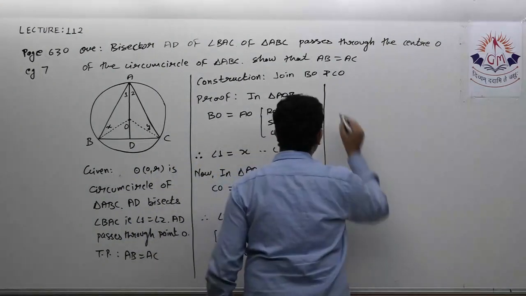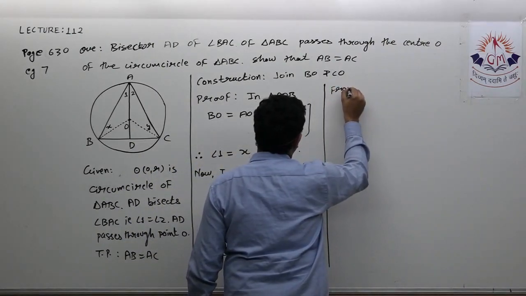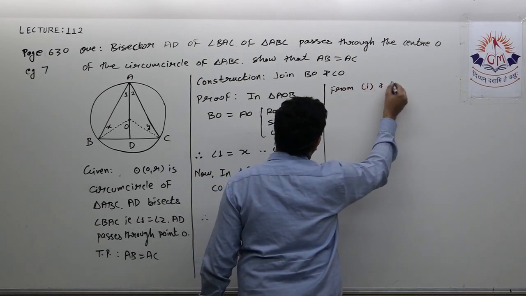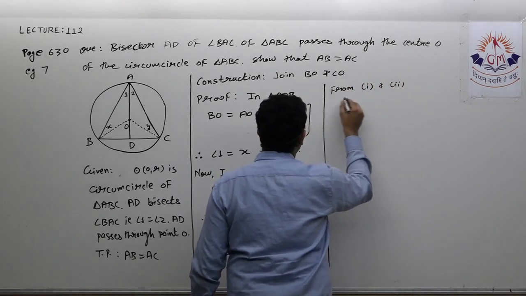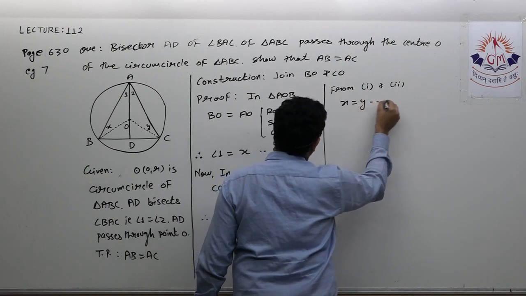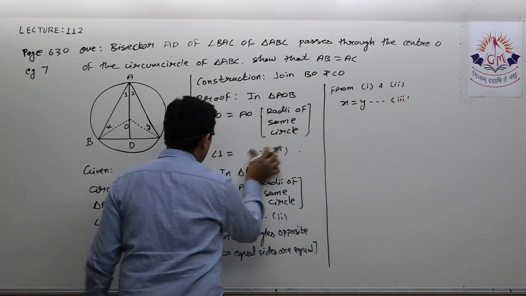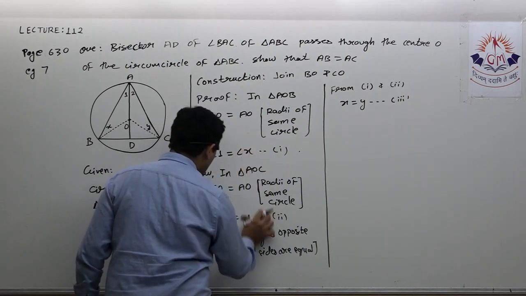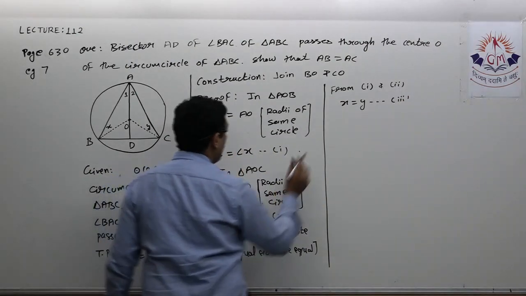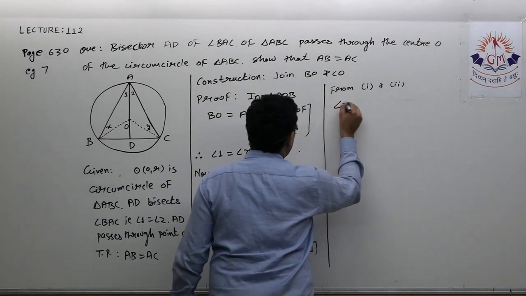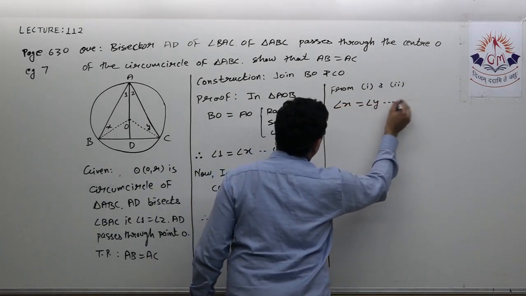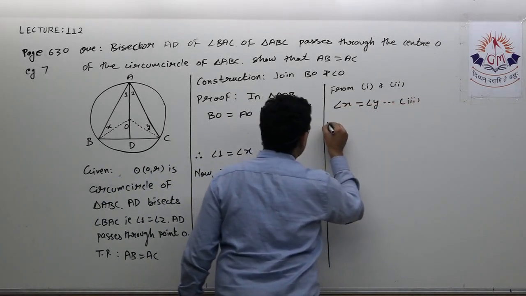Now from first and second, I can say X equal to Y, let it be third. Or if you want to write in a little more proper way, angle X is equal to angle Y, let it be third.